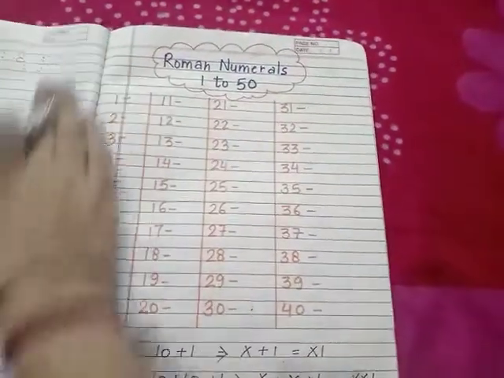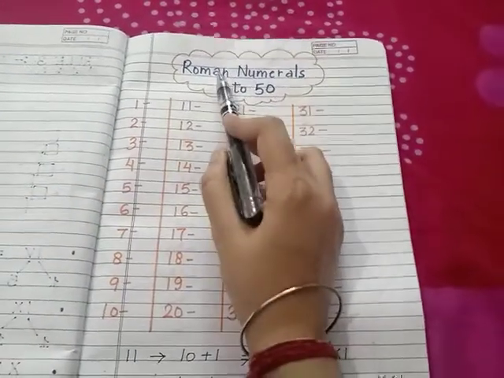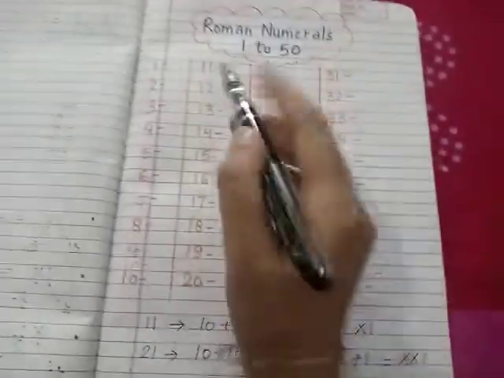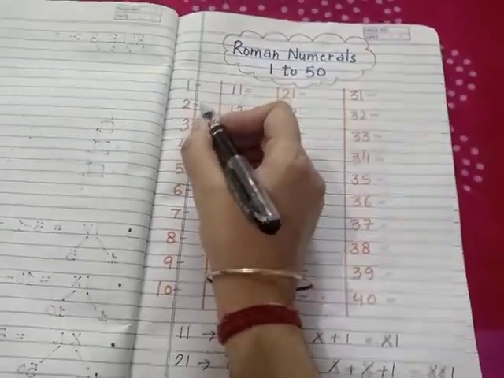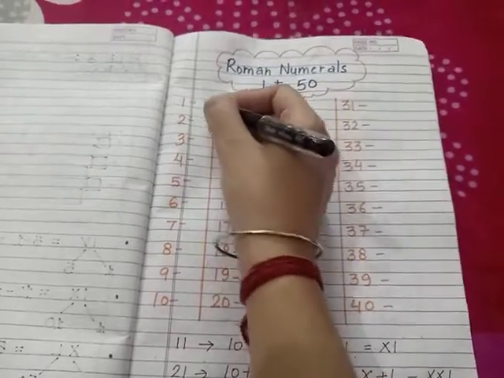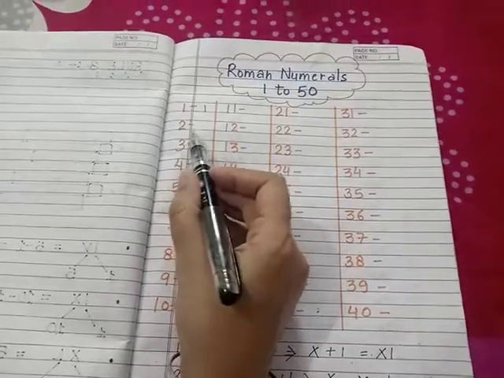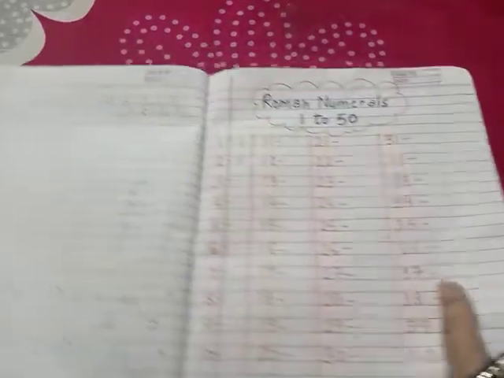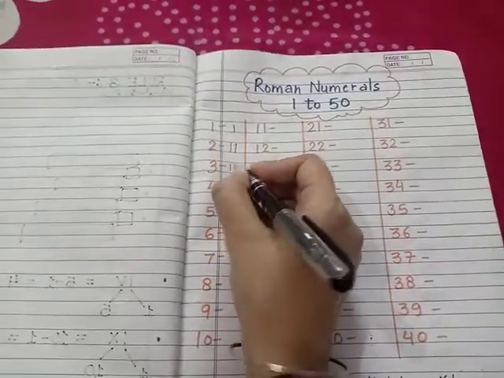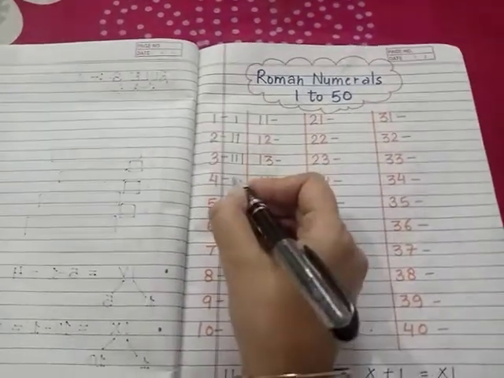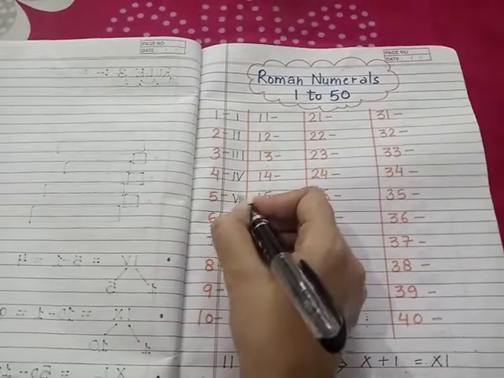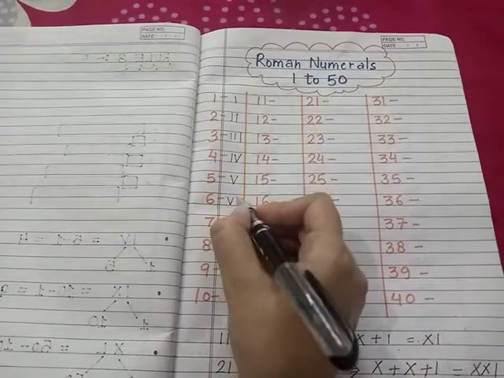Now the next topic is how to write the Roman numerals from 1 to 50. As you know, the Roman numeral for 1 is I. The Roman numeral for 2 is II, we have to write down 2 times I. The Roman numeral for 3 is III. The Roman numeral for 4 is IV. The Roman numeral for 5 is V. For 6 it is VI.